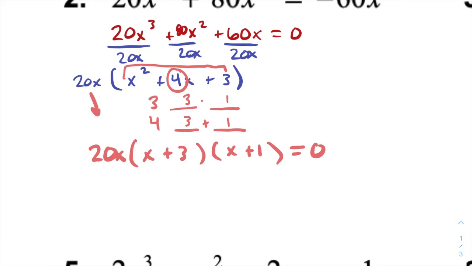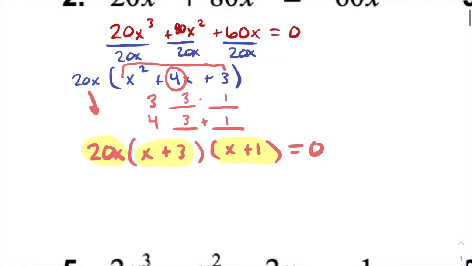Most kids remember, oh, wait a minute, I need to set all of these equal to 0, including the value that's here on the outside, because that also has a variable. Anywhere you see a variable, you have to set those equal to 0.